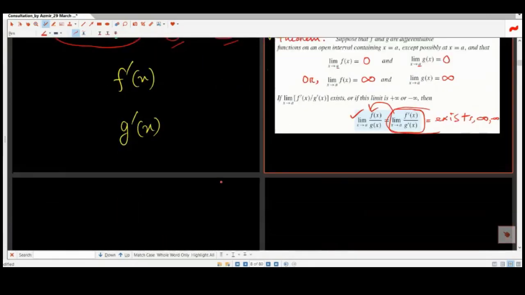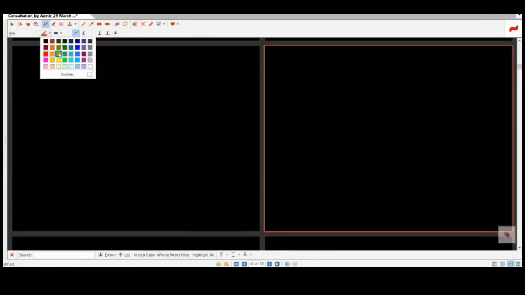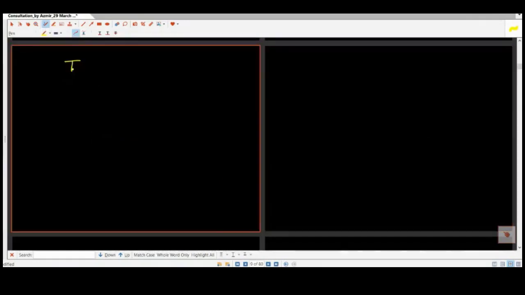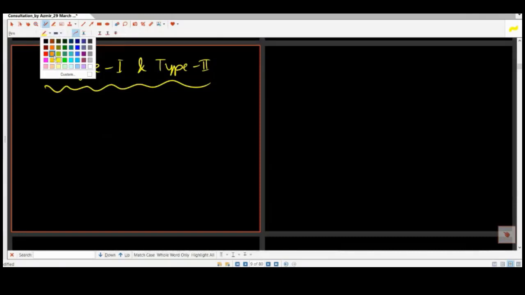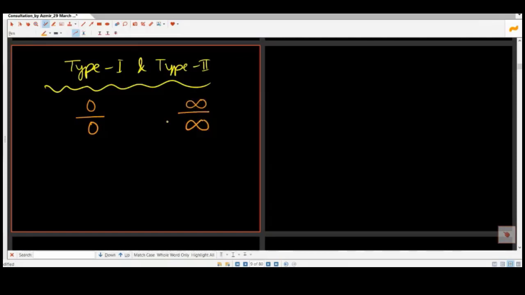So let's have a look at type 1 and type 2 again. Type 1 says that we have 0 over 0. Type 2 says that we have infinity over infinity. So we are going to evaluate the limit of f of x over g of x as x approaches a.